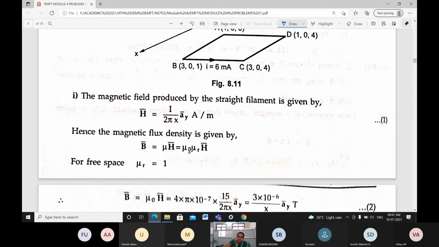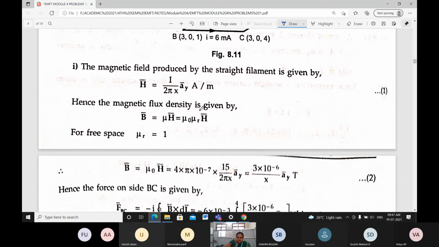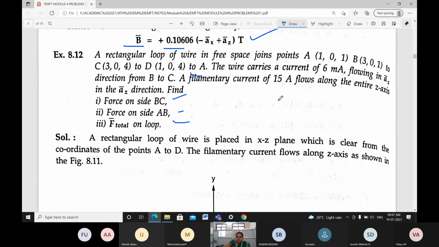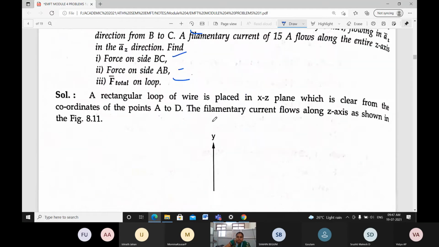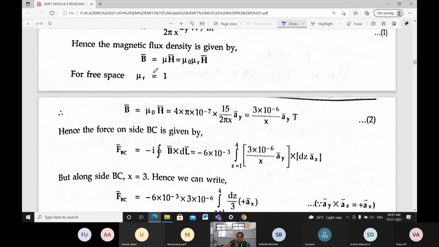Hence the magnetic flux density B is mu times H, where mu is mu naught into mu r. The condition is given that it is placed in free space only, so mu r is going to be equal to 1. Therefore B is mu naught times H, which you have to substitute here.